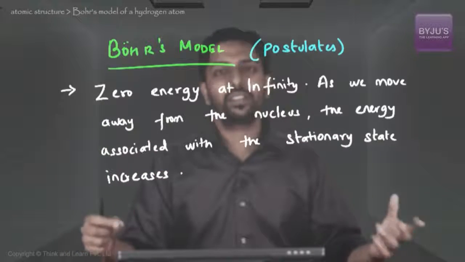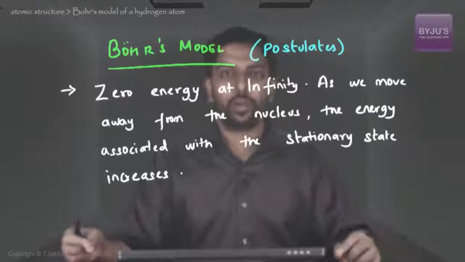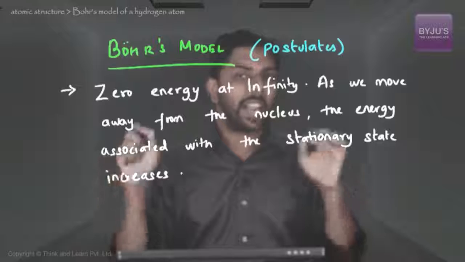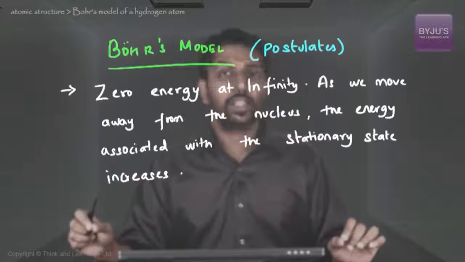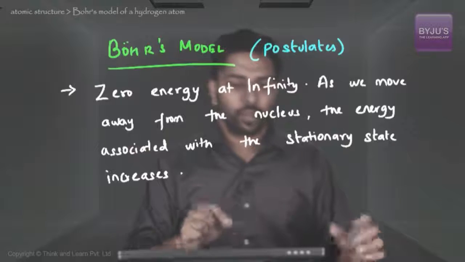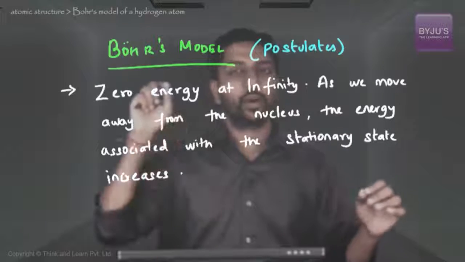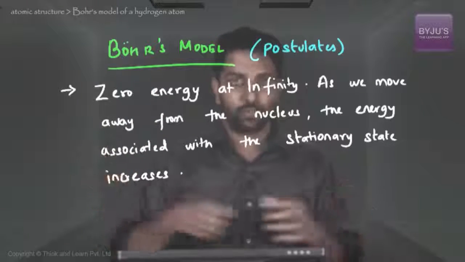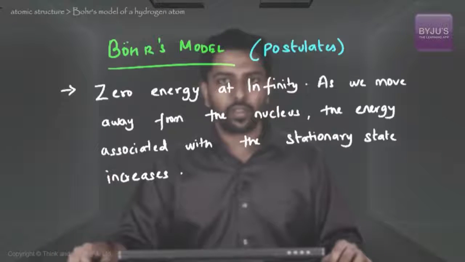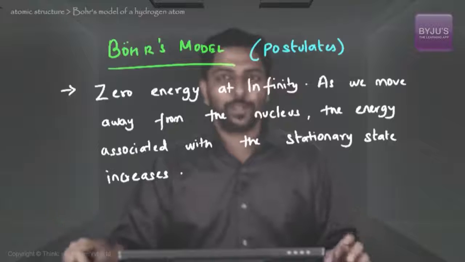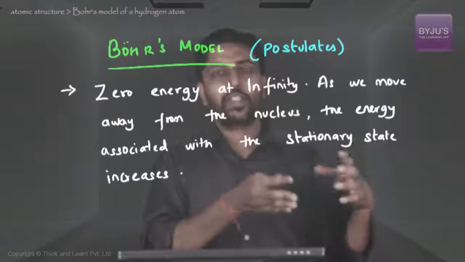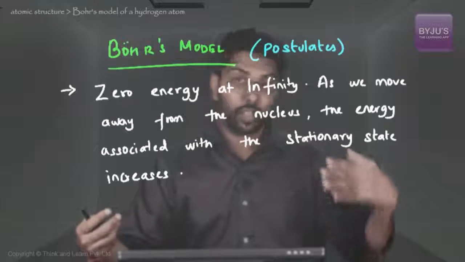So this might seem a bit counterintuitive and contradictory, as in how can energy be negative? We are not saying that energy is negative. We are just taking the energy assumed by the system when the electron is at an infinite distance to be zero. And we know from electricity and magnetism that the closer the stationary state is to the nucleus, the lower the energy.